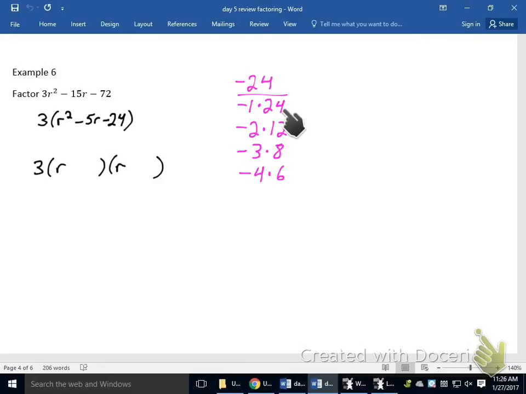Now, do any of those pairs add to negative 5? No, the negative 3 times 8 adds to positive 5, though, so I know it needs to be negative 3 times negative 8. That's the pair that'll add to the negative 5 inside here. Now I can bust this further apart and make it 3 times r plus 3 times r minus 8, and there's my final answer.